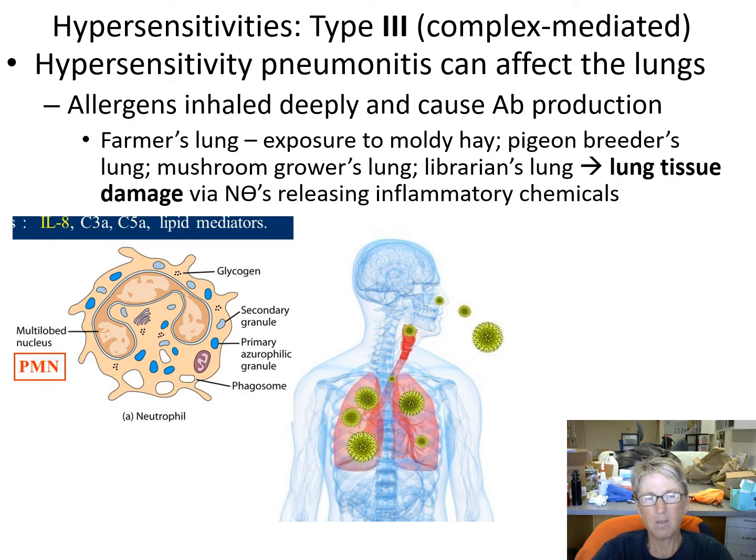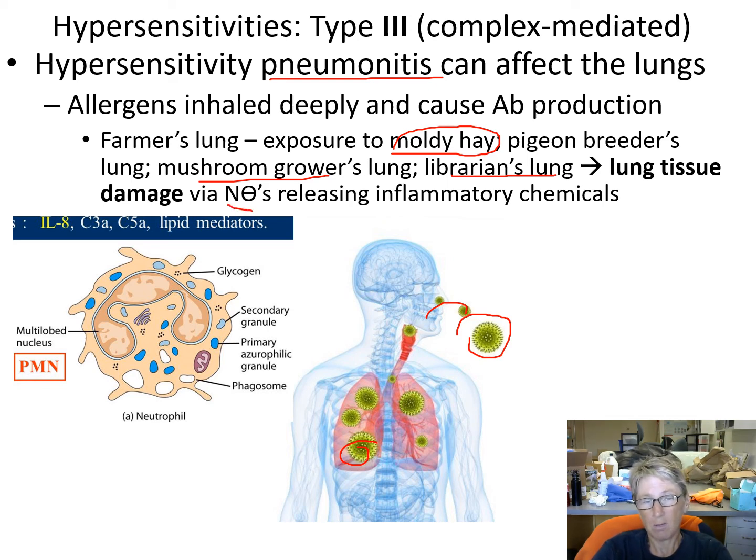There's hypersensitivity pneumonitis, which can affect the lungs. So allergens inhaled deeply. So here's a cartoon, here's some allergens. You take them deep down into your lung. The allergens cause antibody production down there. So farmer's lung, if you're exposed to moldy hay, you can get pigeon breeder's lung, you can get mushroom grower's lung, librarian's lung, in the old moldy books that no one looks at.